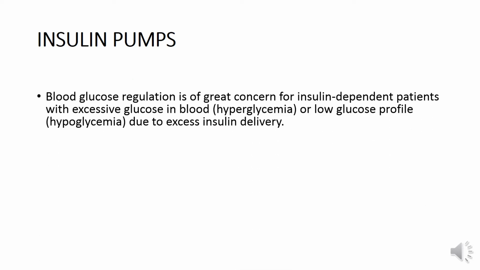So now we are going to discuss insulin pumps. First, what is meant by an insulin pump? Blood glucose regulation is a great concern for insulin. This is mainly an issue for a patient with excessive glucose in the blood or a low glucose profile, mainly due to excess insulin delivery.